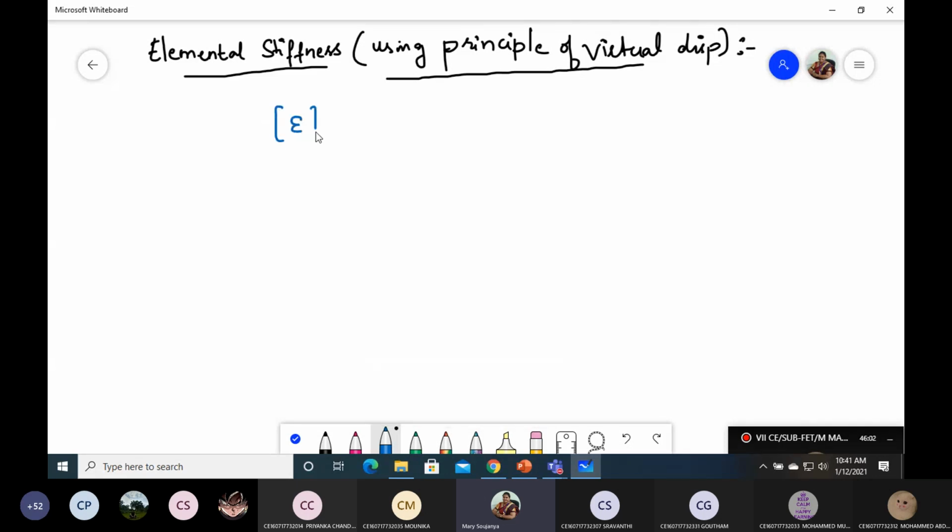From equation 1, strain displacement matrix, we have: either I call it DE or delta E or UE, it means the elemental displacement matrix only. All right, is it not? We are going to take the previous result directly here.